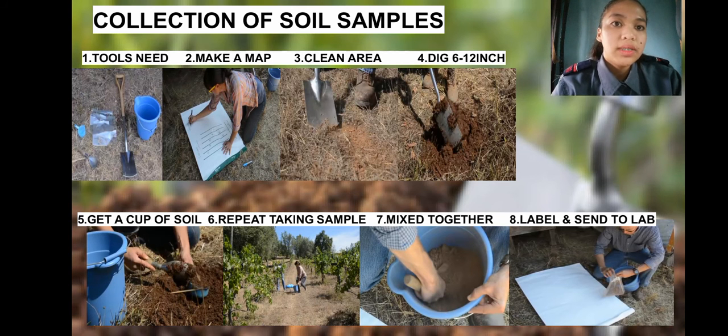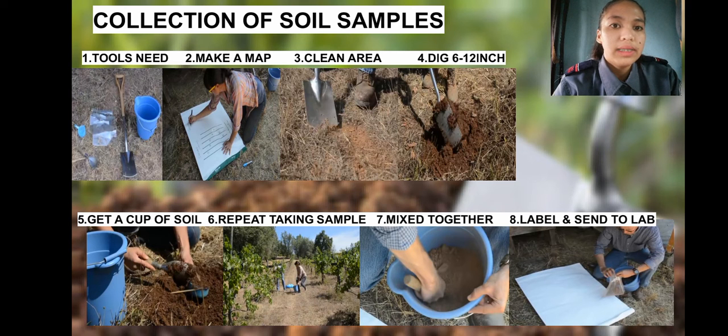So, next po is make a map o gagawa tayo ng map before tayo mag-conduct na kumuha ng sample. So, next po is clean the area. So, kailangan muna nating alisin yung mga nakaibabaw na damo. And then, maghukay na tayo ng 6 to 12 inch sa ating location.